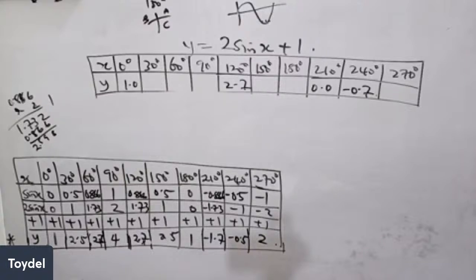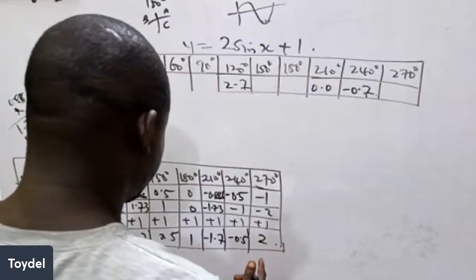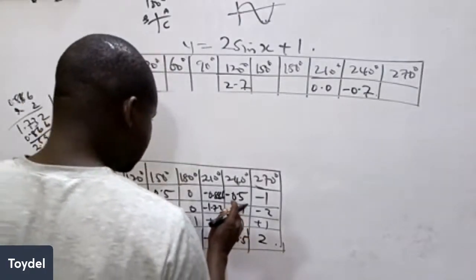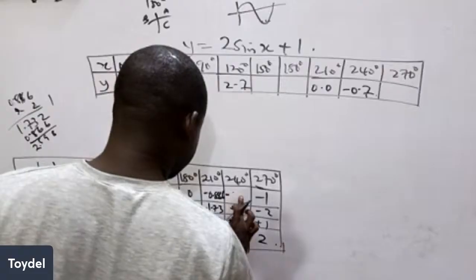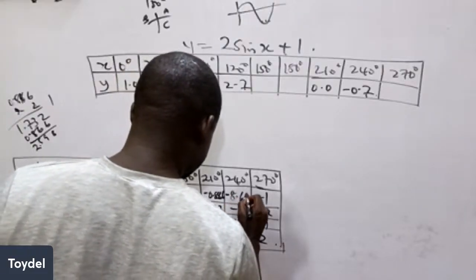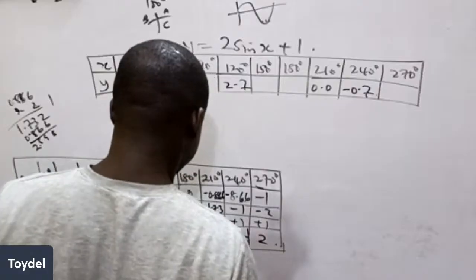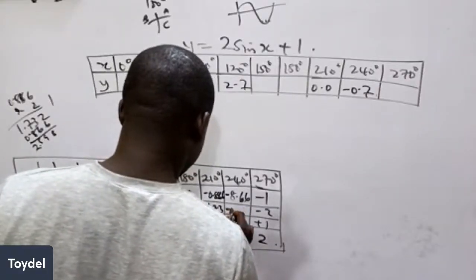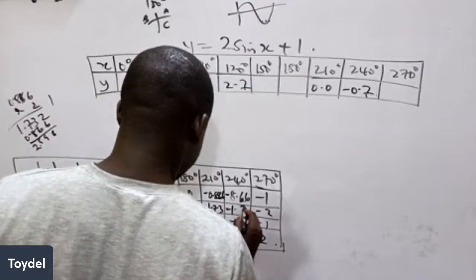240 is minus 0.7. So it shows us here will be minus 8.66. Here will be minus 1.7.